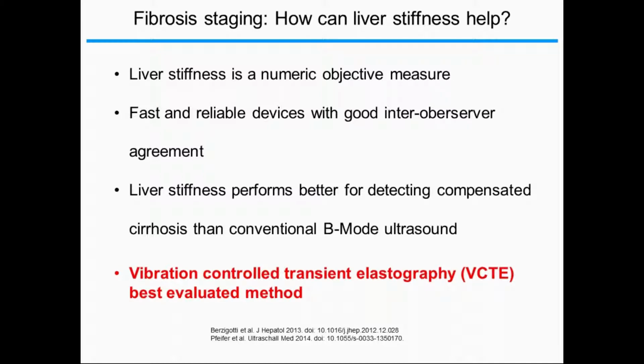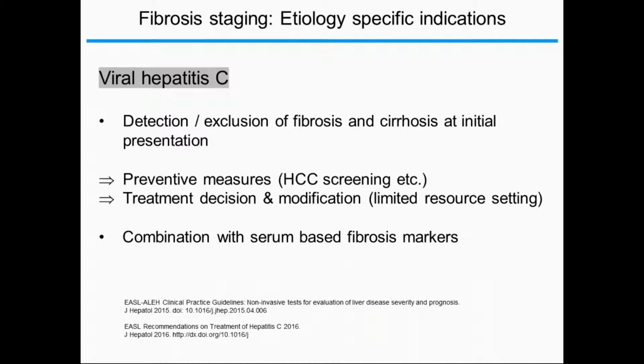What we need to take into account is that the best evidence we have is for vibration-controlled transient elastography, the so-called FibroScan device, and we have less evidence for further elastography methods. When focusing on different etiologies, we start with viral hepatitis C because this is the disease where elastography has been evaluated best.